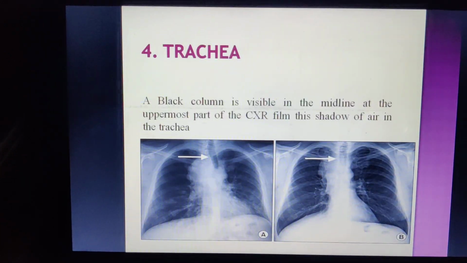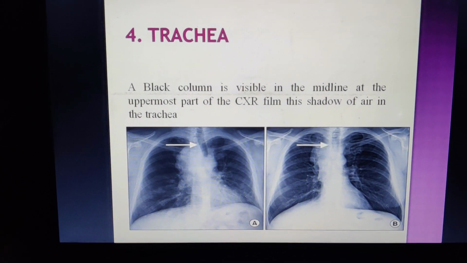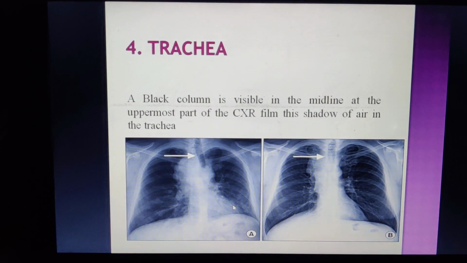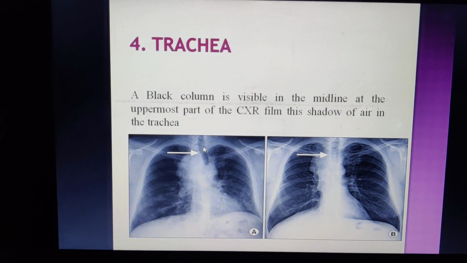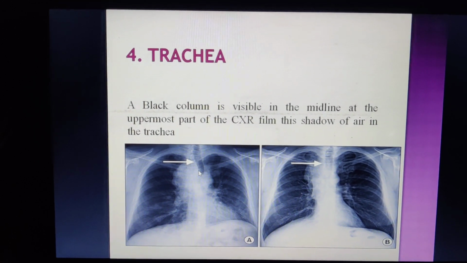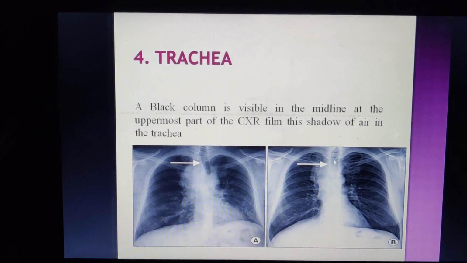As I explained earlier, the thing we have to see is the trachea. In picture A, the trachea is deviated towards the left side. It is the air in the trachea, and this is the normal situation.